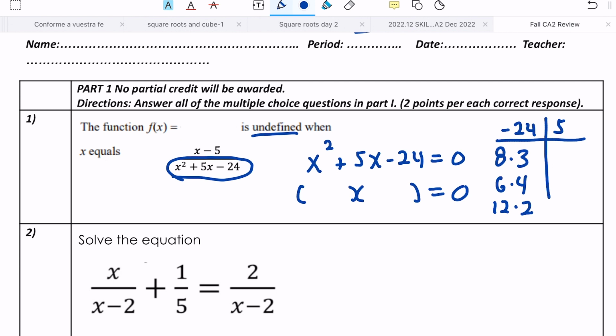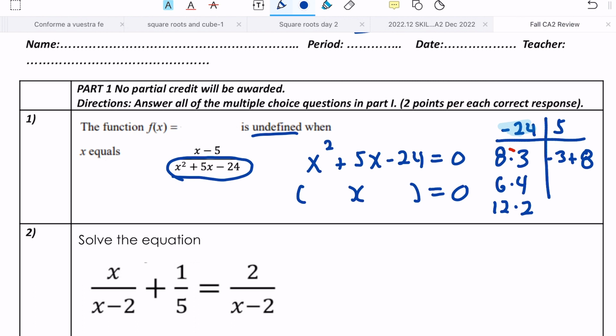However, it has to subtract to equal 5, because this is negative. So that means one of the numbers has to be negative. So to make it equal 5, we're going to put the negative on the 3. Okay, so if we do negative 3 plus 8, that is equal to 5.